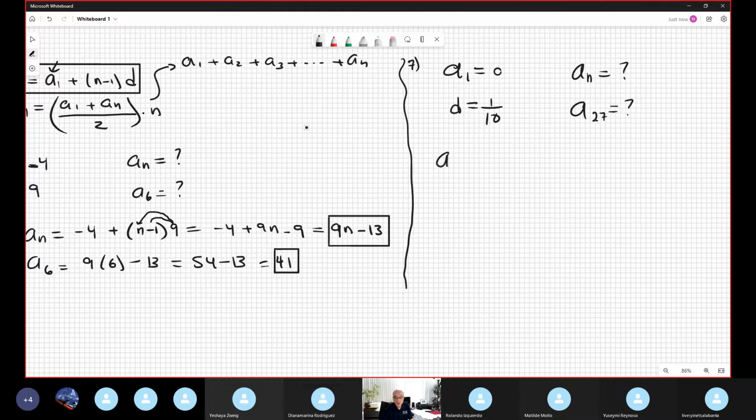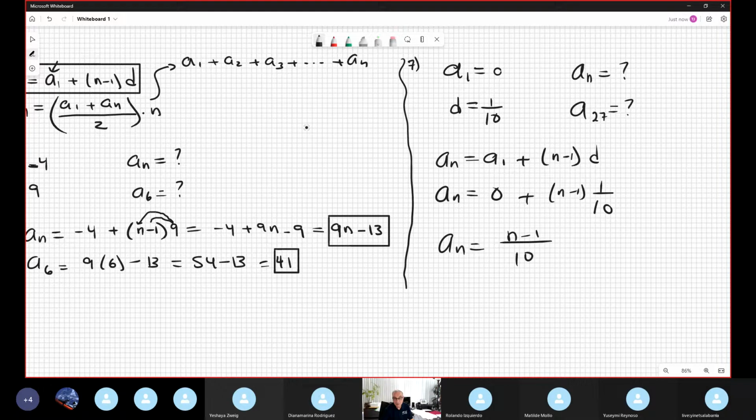The formula says a sub n is equal to a1 plus (n minus 1) d. So a sub n is equal to 0, nothing is missing that part, plus (n minus 1) times 1 over 10. a sub n is (n minus 1) divided by 10. This is the explicit formula.